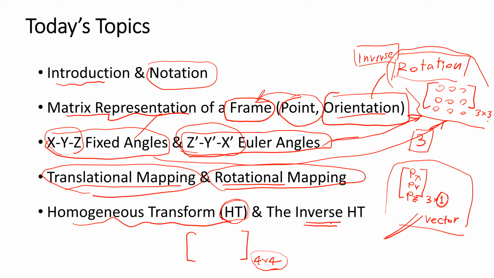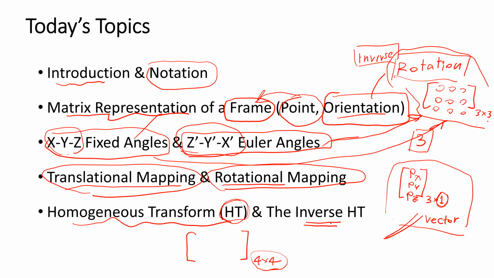Sometimes you want to relate the endpoint frame to the base frame, and you may obtain the homogeneous transform to do that. But sometimes if you want the base frame with respect to the endpoint frame, you need the inverse of the homogeneous transform.